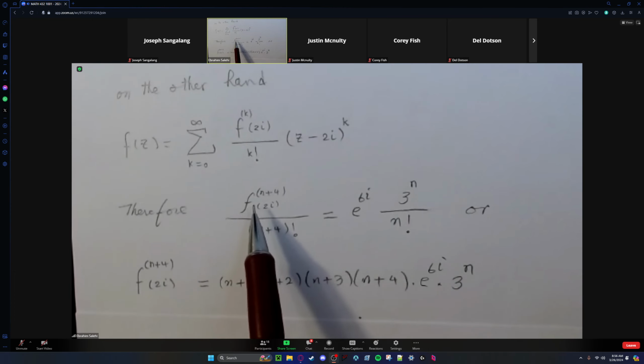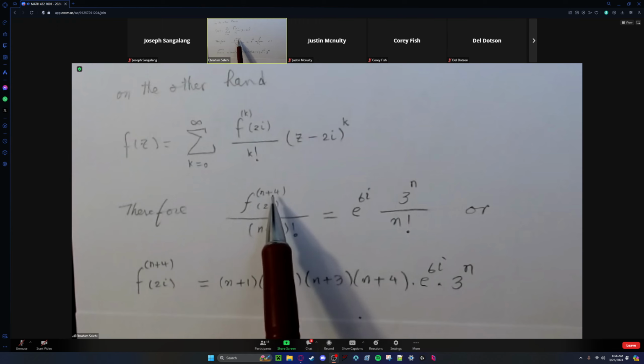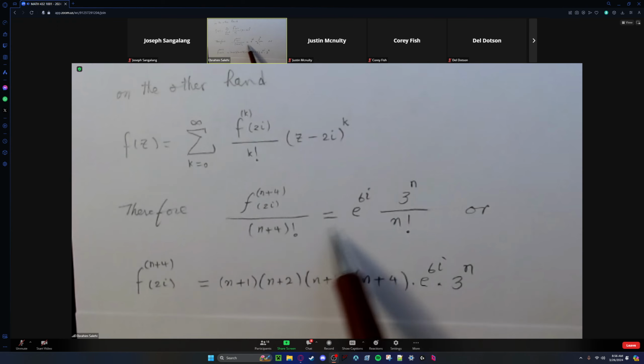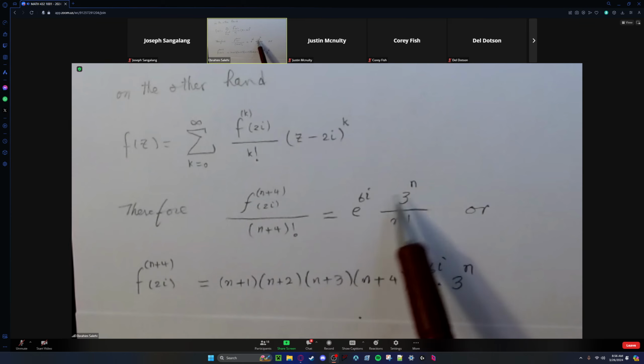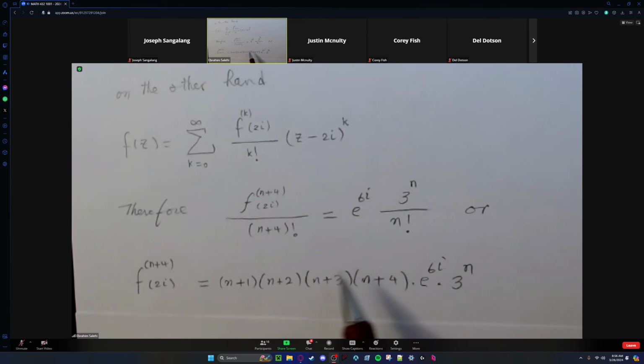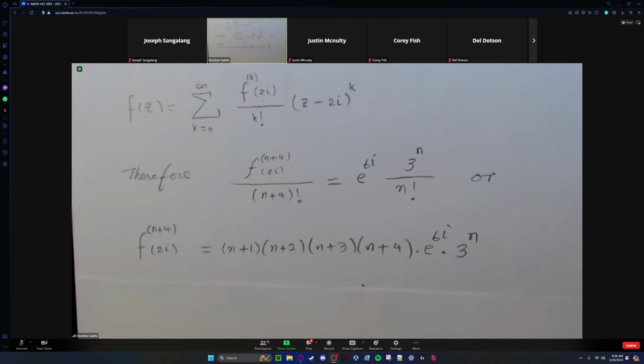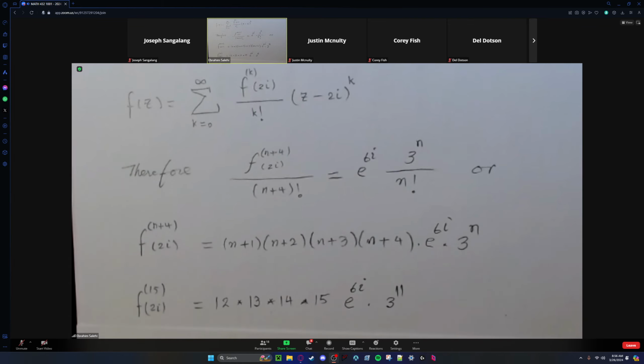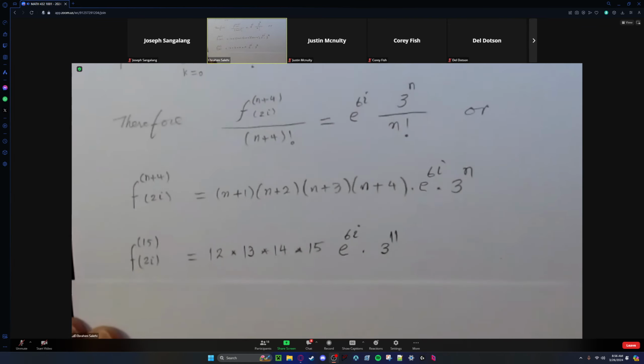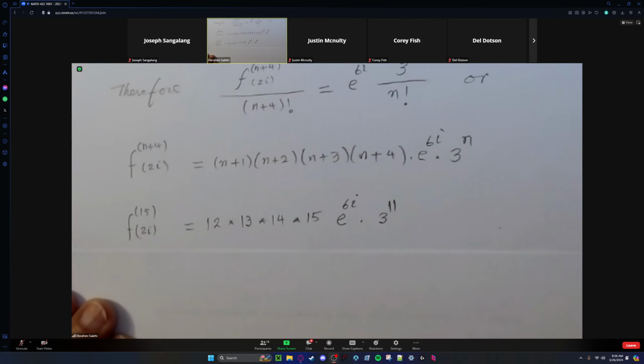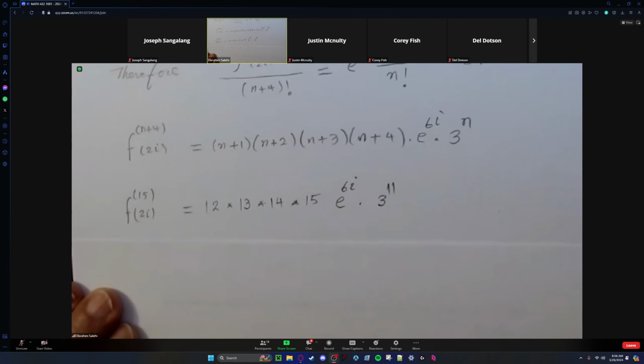So the 15th derivative evaluated at 2i, here is 15 factorial. You multiply both sides by 15 factorial and simplify. This is what you get. So this is the 15th derivative evaluated at 2i; in general it's the n plus 4 derivative, but this is it.